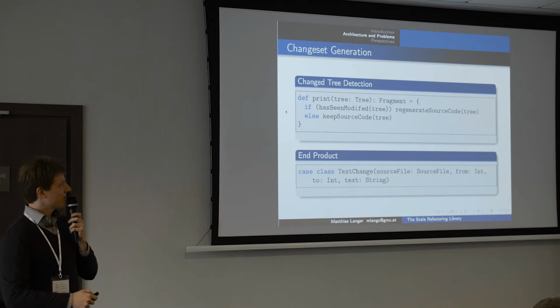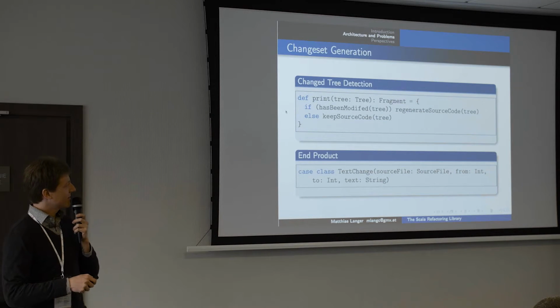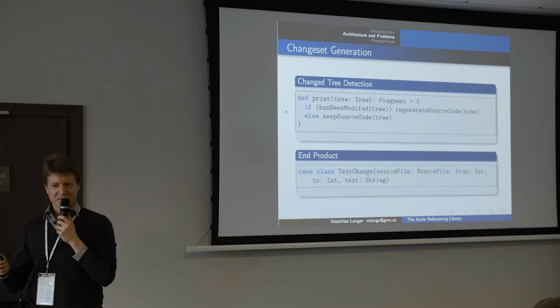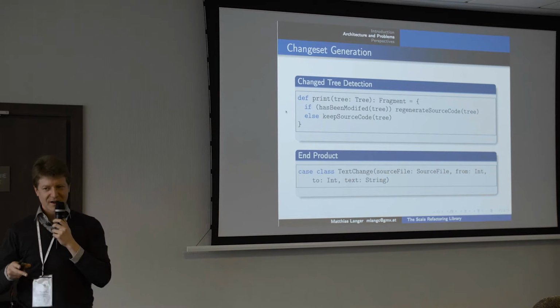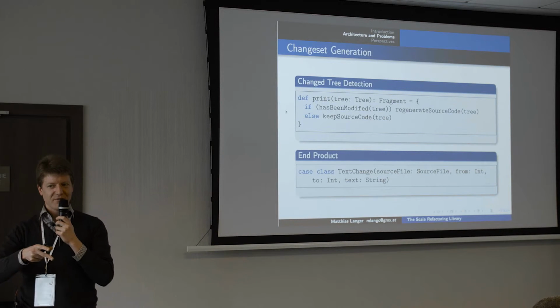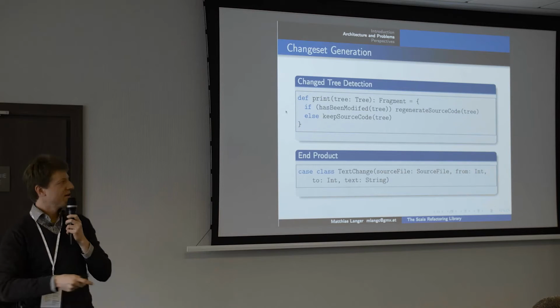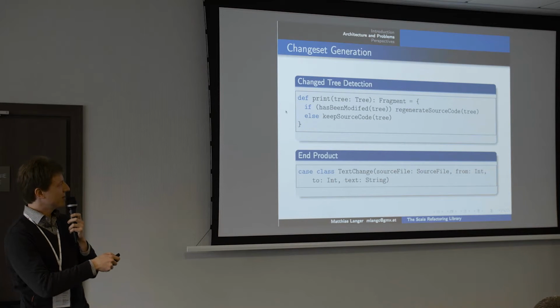And so the first thing that happens is that the refactoring library has to find the trees that have been modified by the transformation. This happens in this changed tree detection phase.